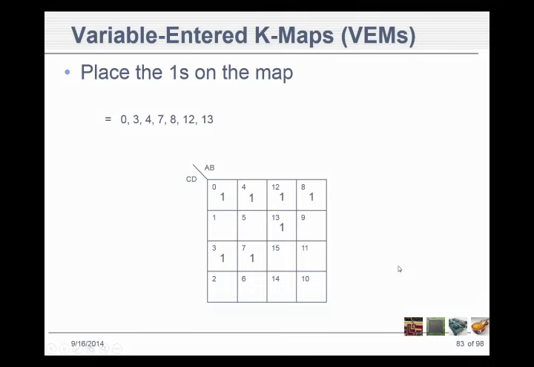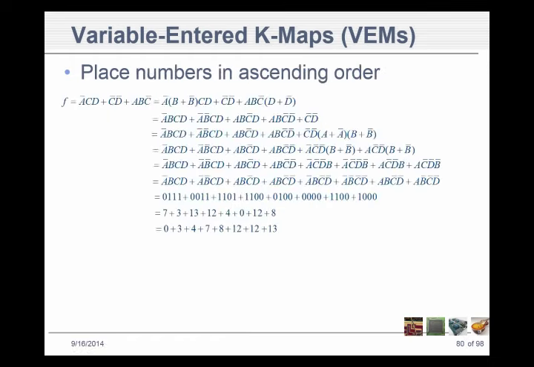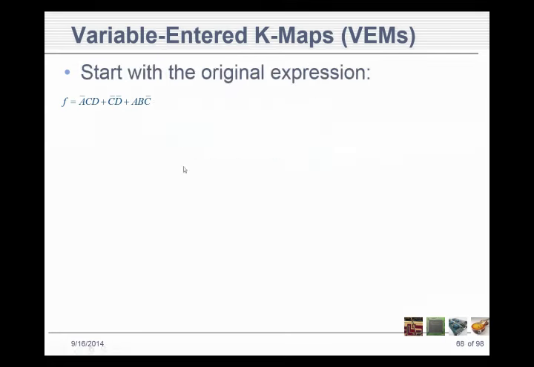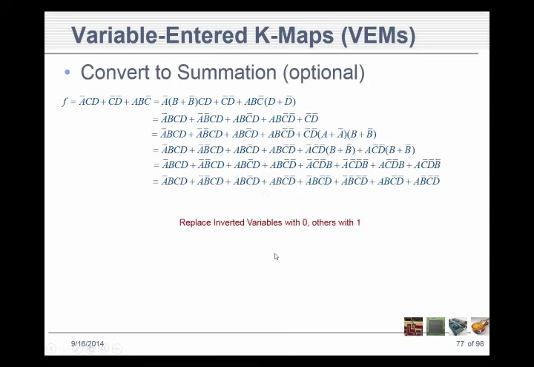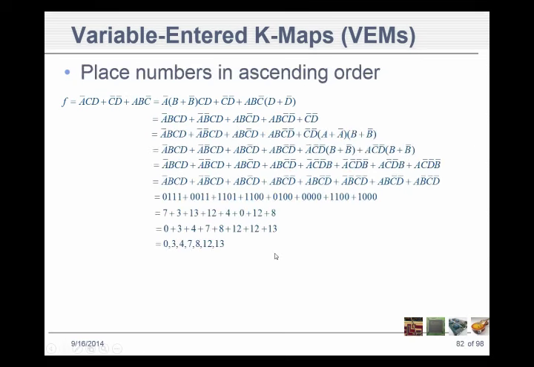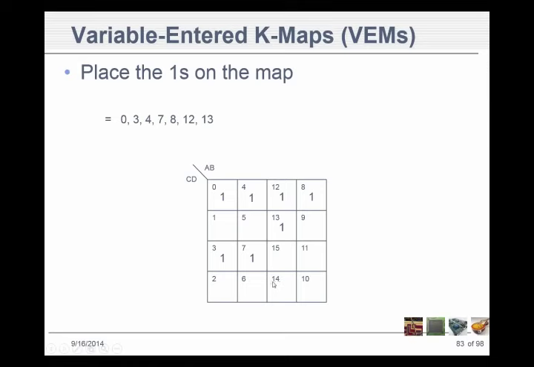Now remember, I'm trying to verify. I'm going to go back a whole bunch and come back to 83. I'm trying to verify that this expression that I had here is the same. Here I put it in with variables in a 3-variable K-map. I entered the D's and the D naughts. And here I put it in a 4-variable map and got that.